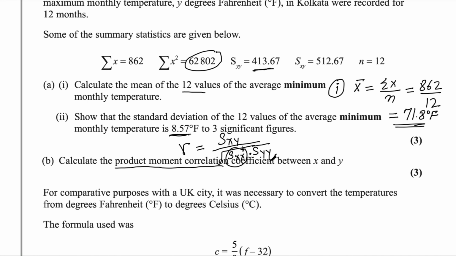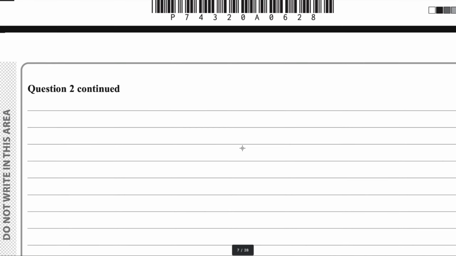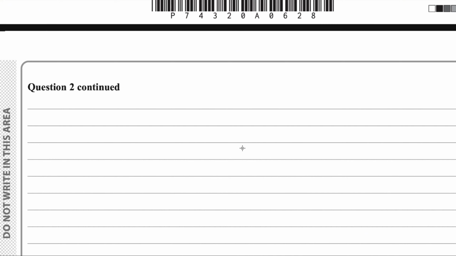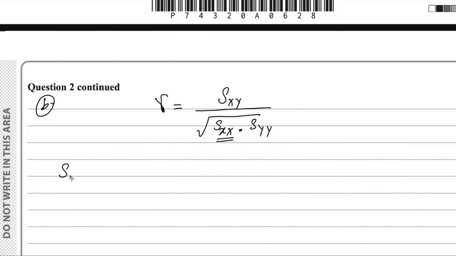Let me write this over here in the given space. For the second part, we know the formula for r equals Sxy divided by the square root of Sxx multiplied by Syy. You need to find Sxx first, and this Sxx denotes the sum of the squares of the deviations from the mean. There are two formulas for Sxx.